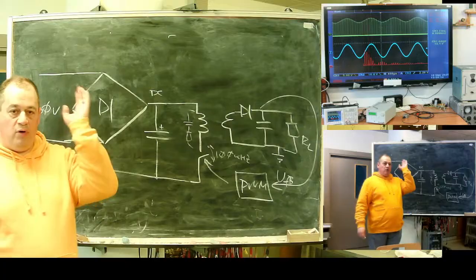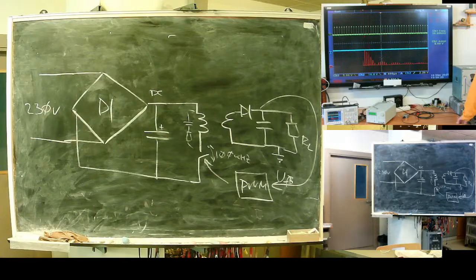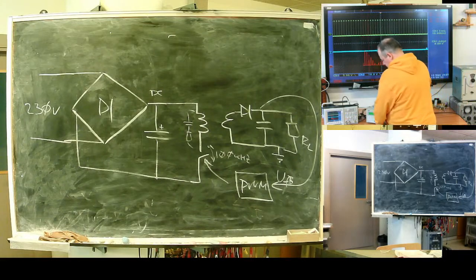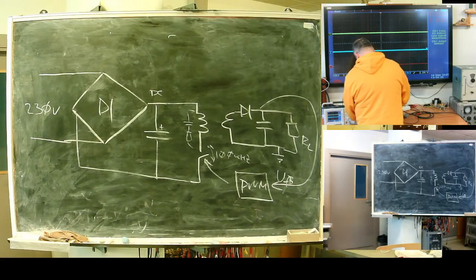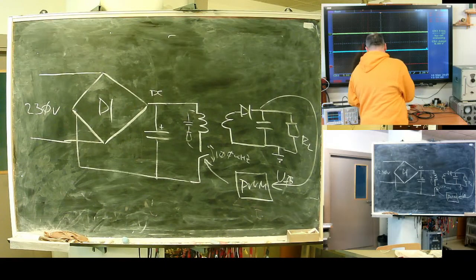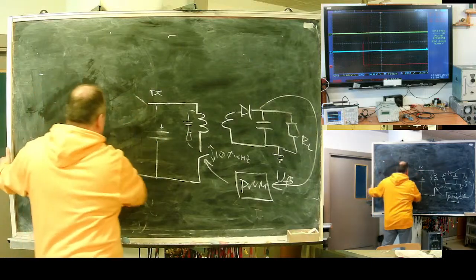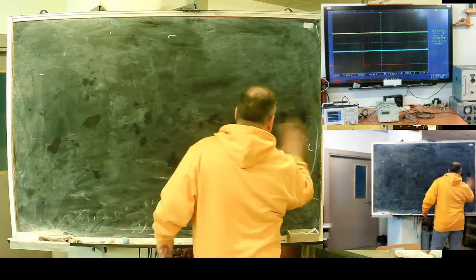Switch is on, off, on, off, on, off. Simple idea of impulse width modulator.